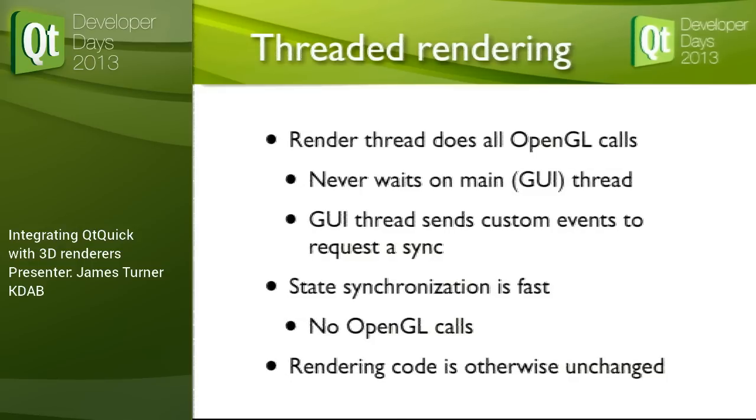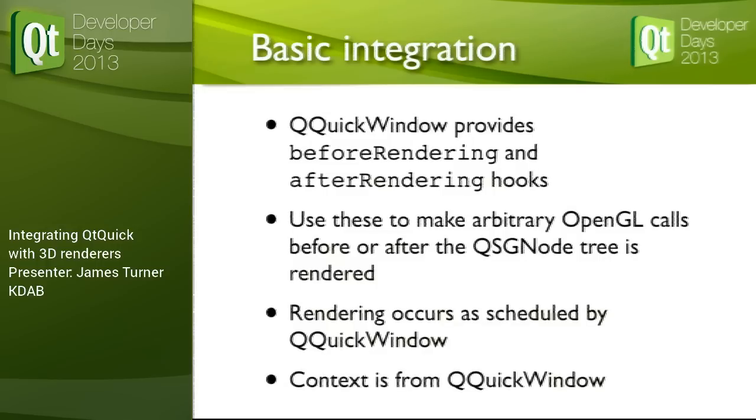So the good thing is we now have a fairly straightforward way to do a basic integration. And this is a good starting point for integrations if you're starting from clean code. QtQuick window provides some hooks before rendering and after rendering, and these are signals.